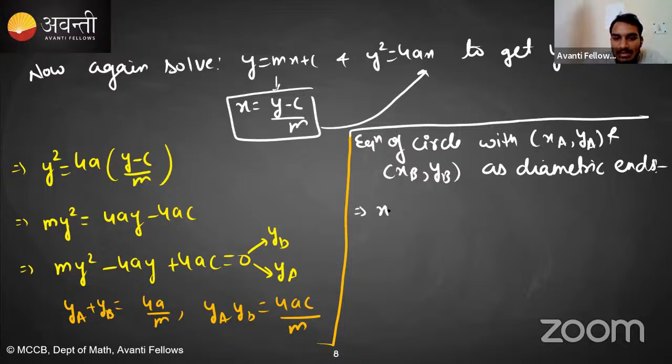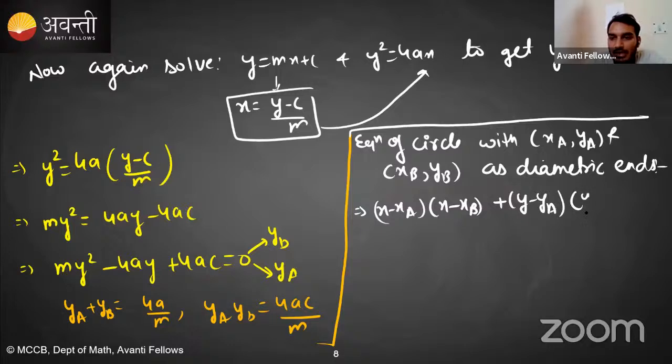This is nothing but x minus xa into x minus xb plus y minus ya into y minus yb equal to 0. Yes or no?